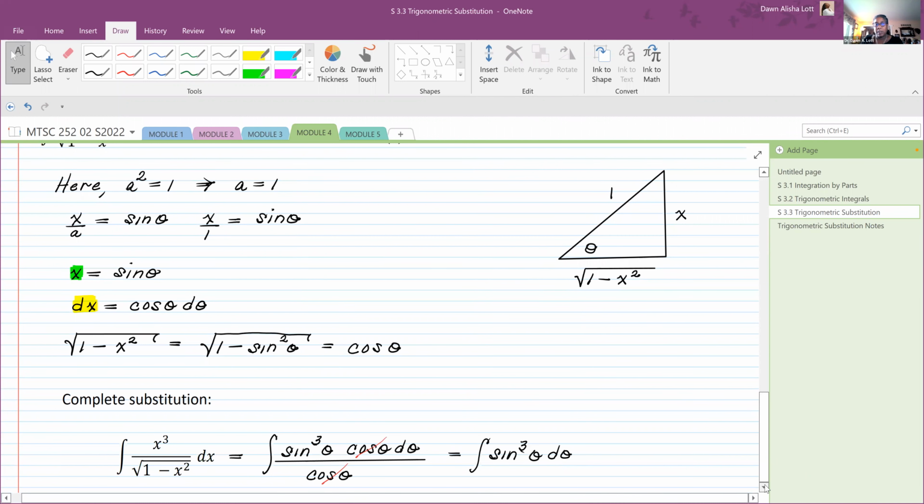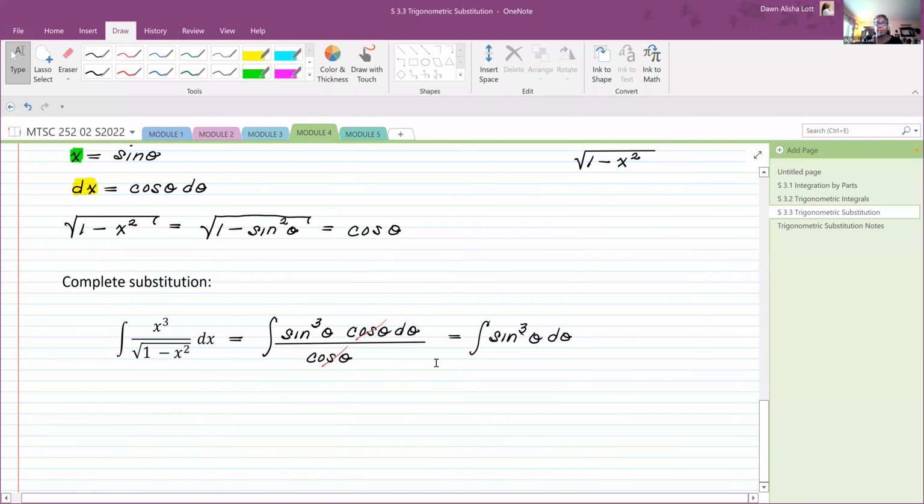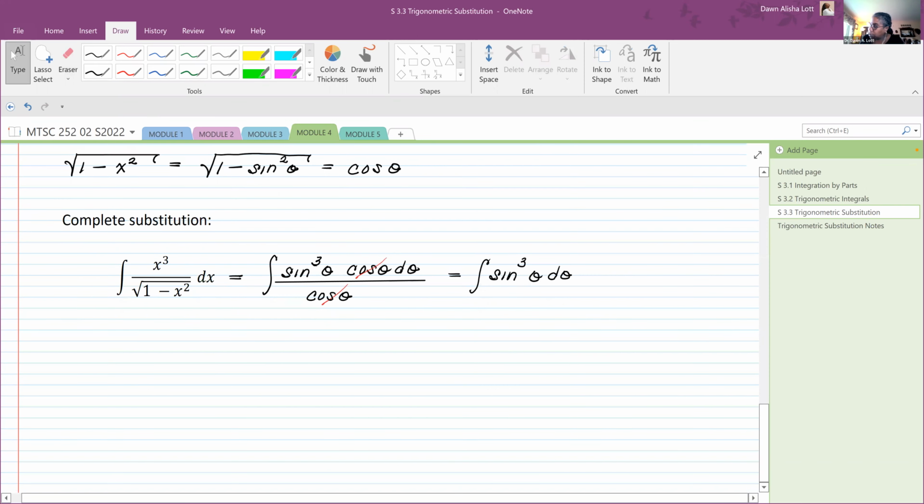And now I need to do my problem in theta. So how do I do this integral of sine cubed theta? This is an integral where the power of sine or cosine is odd. So what do you do when it's odd? It'd be sine squared times sine. Therefore, I'm going to get the integral of the sine squared of theta times the sine of theta.